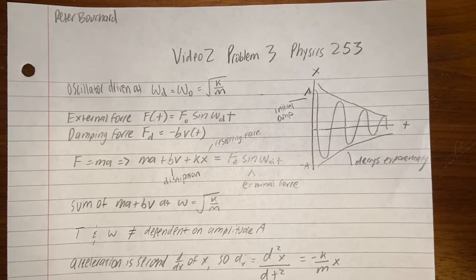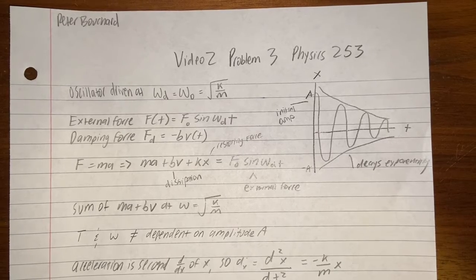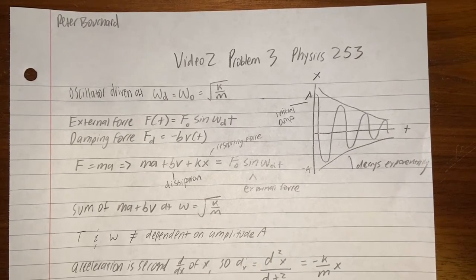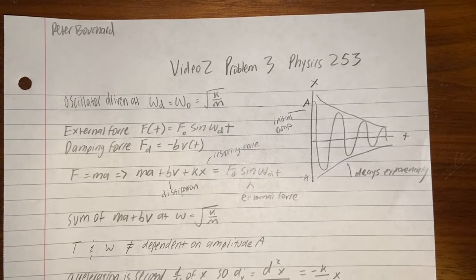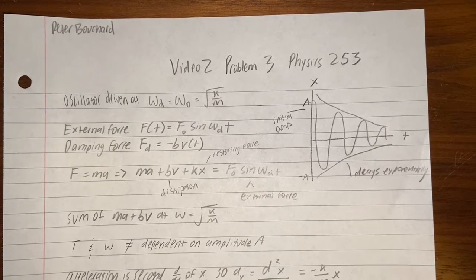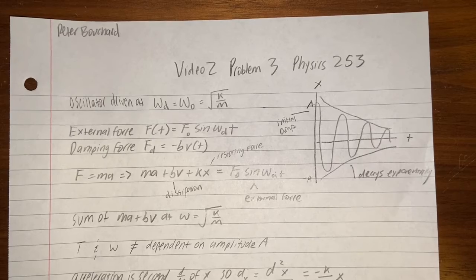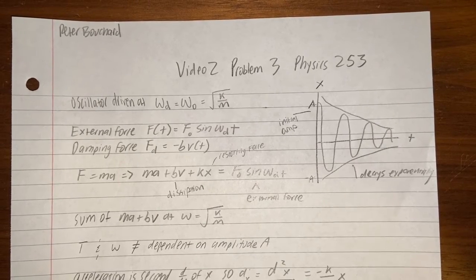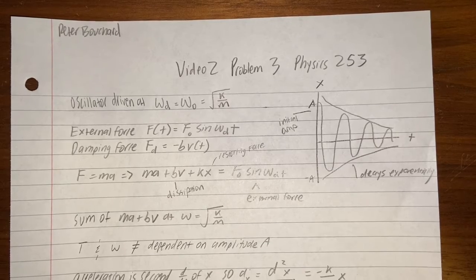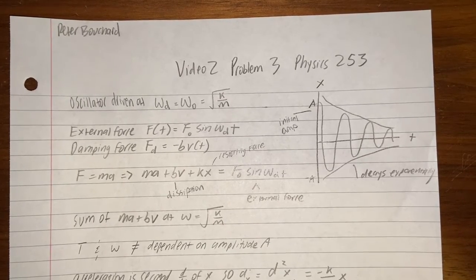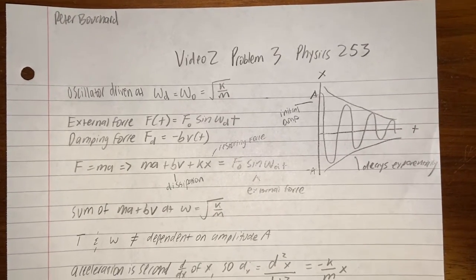So given that we were given the damping force and what the external force would end up being, I found that the force ma plus bv, which is the force from the dissipation, plus kx from Hooke's law, aka the restoring force, is going to be equal to the external force.